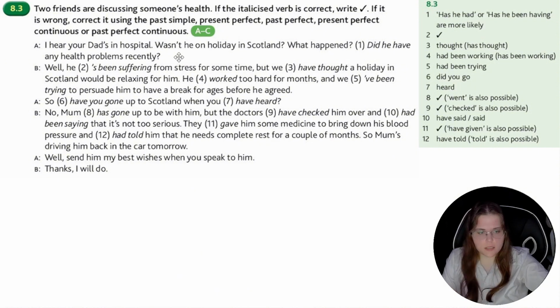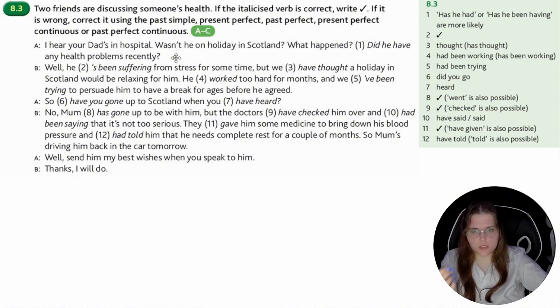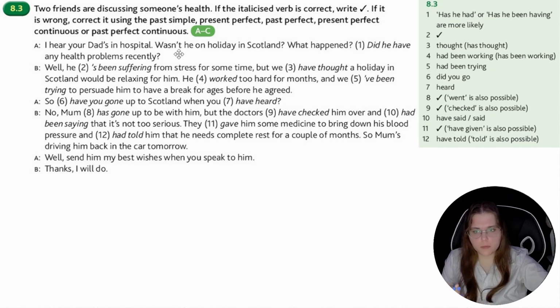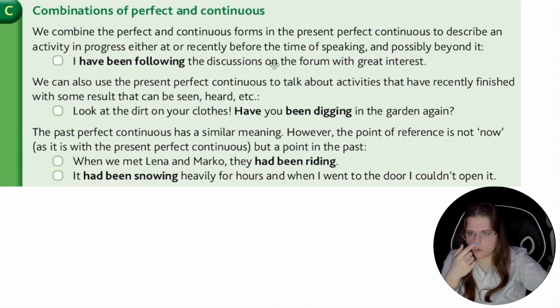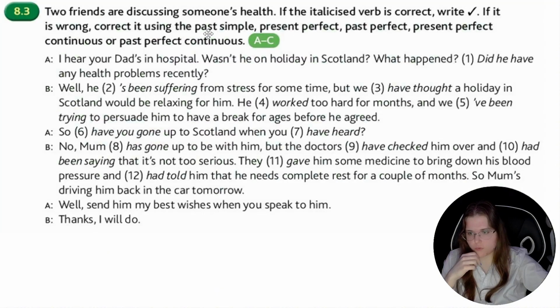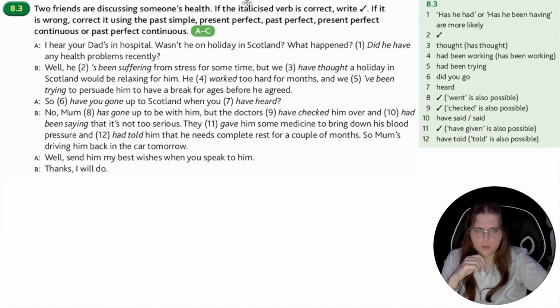Has he had, if it's just a fact and we can see only the result of it, but has he been having any problems recently? I think I can show you that in the rule: or recently before the time of speaking. This sentence is about this part of the rule. It was recently, and it is still a very long action.